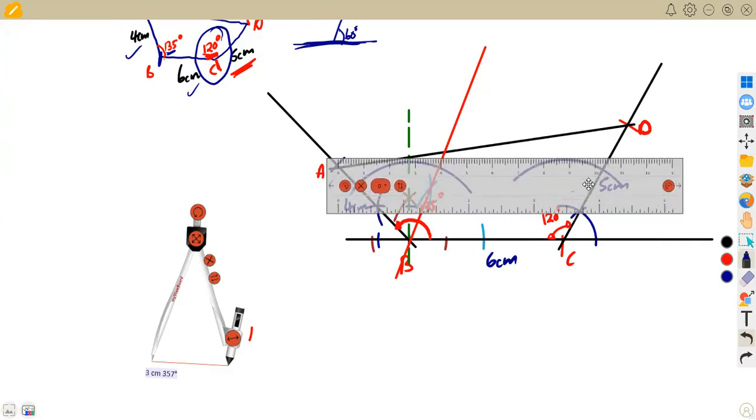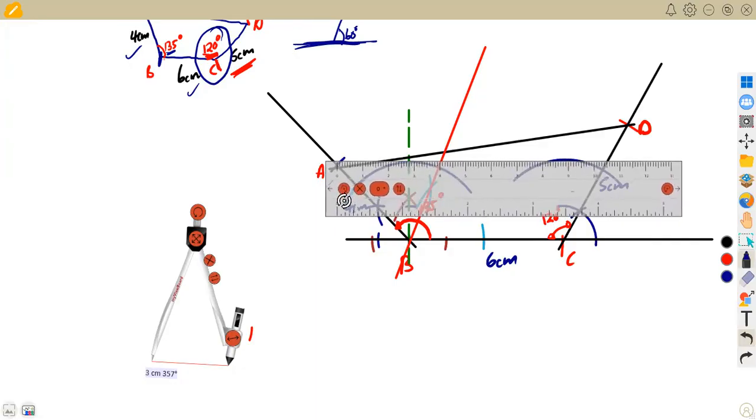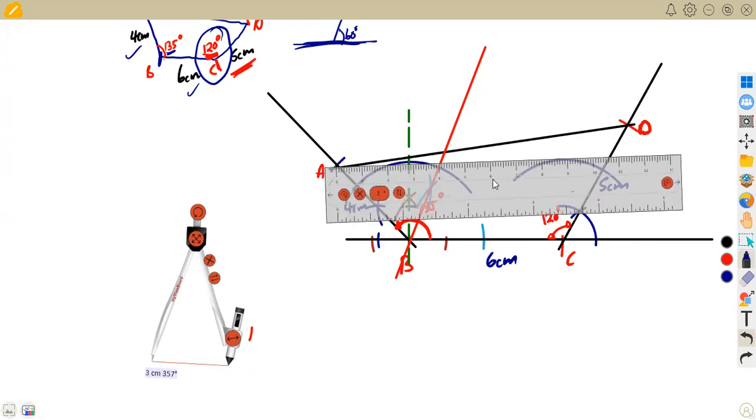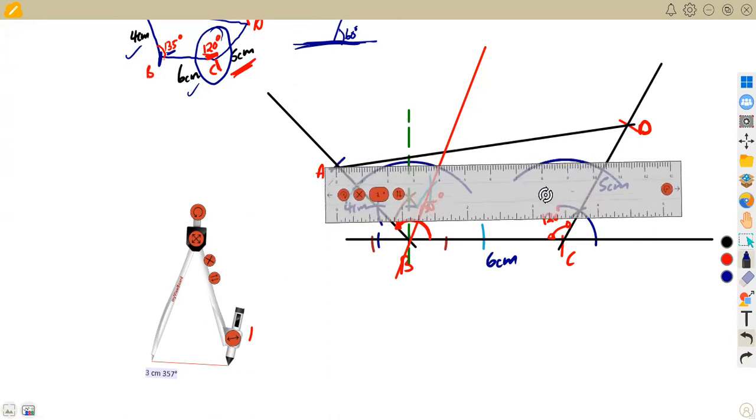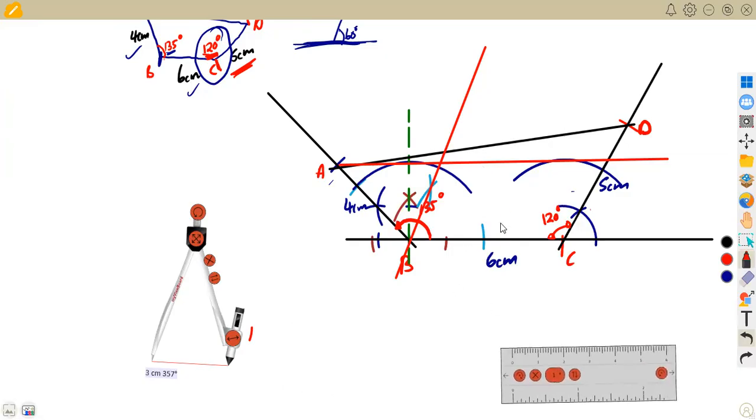By joining these two arcs, we are going to see that the line that we have just drawn is parallel to BC, but this time we are not having two lines, it's different from the part where we had two lines. So the line that we have just drawn right now is parallel to BC, 3 centimeters from BC.